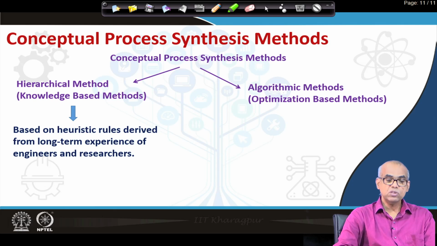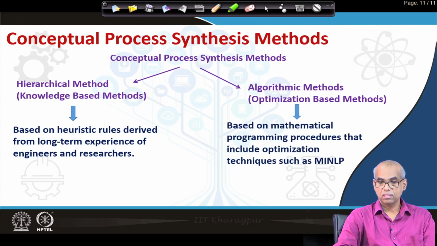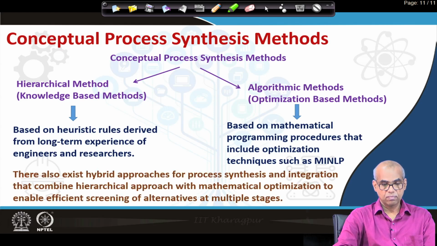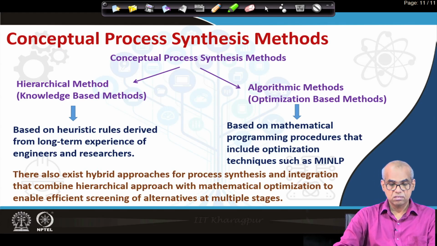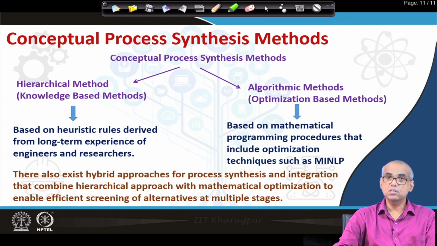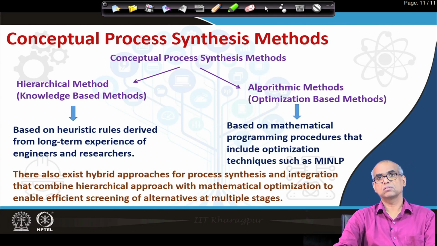The knowledge based methods depend on heuristic rules, and these heuristic rules are derived from long term experience of engineers and researchers, whereas algorithmic methods are based on mathematical programming that includes optimization techniques such as mixed integer nonlinear programming, etc. There also exist hybrid approaches for process synthesis as well as process integration.